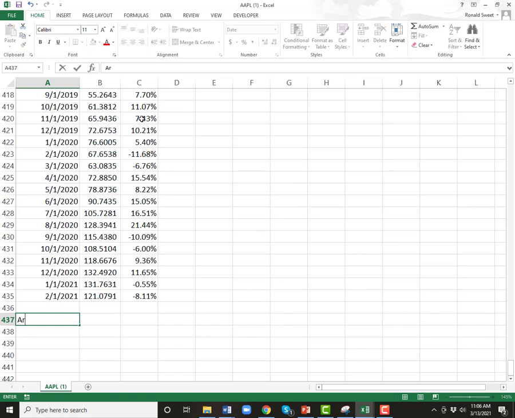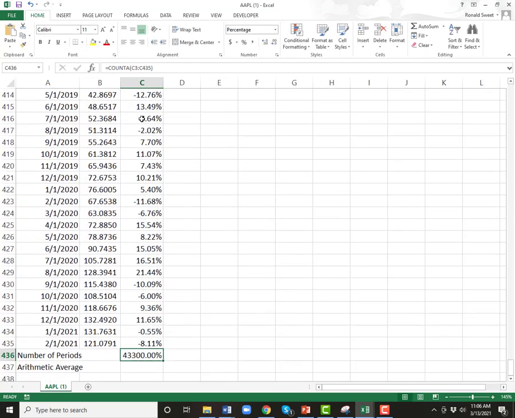Well, we can do an arithmetic average. To find their arithmetic average, we can see how many periods we have. We'll use the COUNTA function, go up, and see we have 433 months. So what is the arithmetic average?